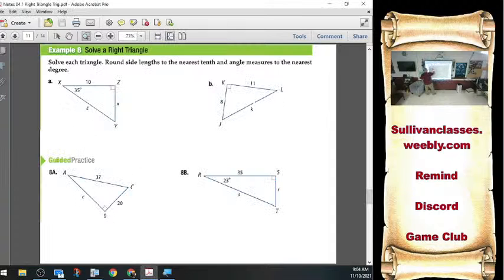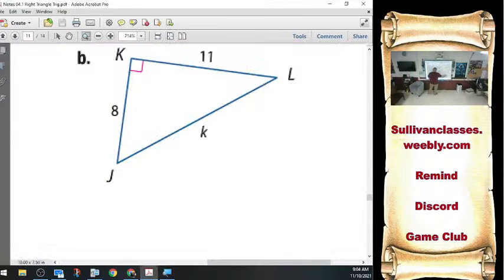All right. I can also use my inverse trig functions to say measure of angle J. From J, what are the 11 and the 8? Opposite and adjacent, which is tangent. So I'll say the measure of angle J is the arctangent of 11 over 8.